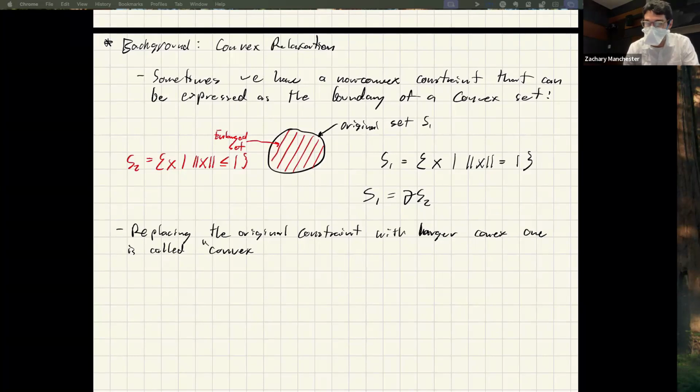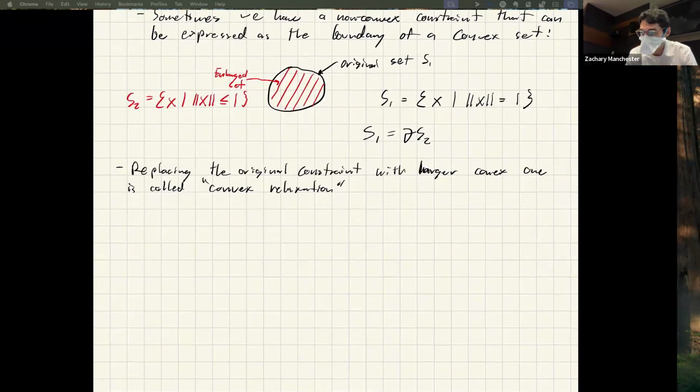And there's lots of different kinds of convex relaxation. This is just one example, but they all kind of have this flavor of you take whatever original thing you had, it's all messy and weird, and you basically enlarge it into a bigger convex set. A really classic one, the good one, is when the original set is already the boundary of a convex set. You just include the interior. That's the one we're going to do today.